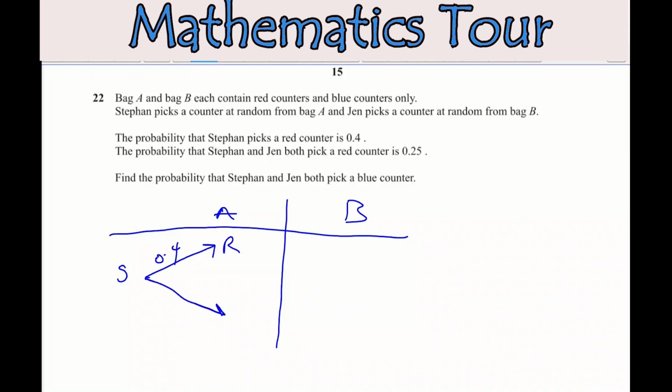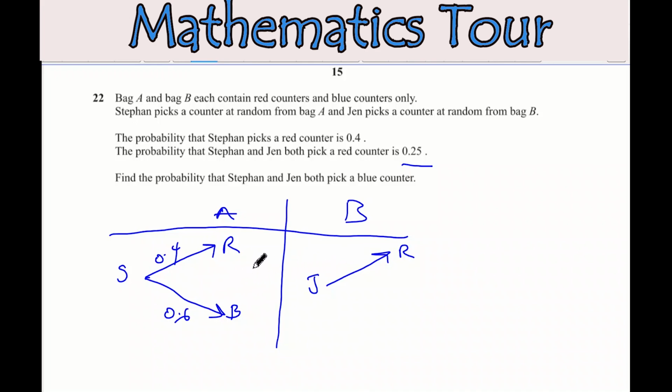So for blue, since they are mutually exclusive, this will be 1 minus 0.4. This will be 0.6. Then let's come here for Jen, the probability of picking red. The probability that Stefan and Jen both pick a red counter is 0.25. So this is independent. They are both independent events.